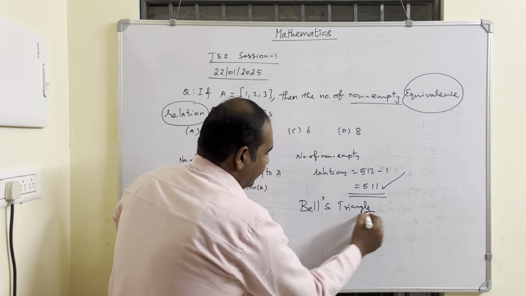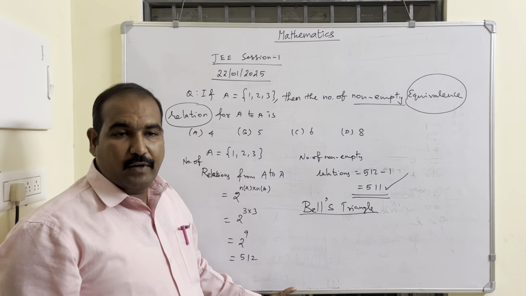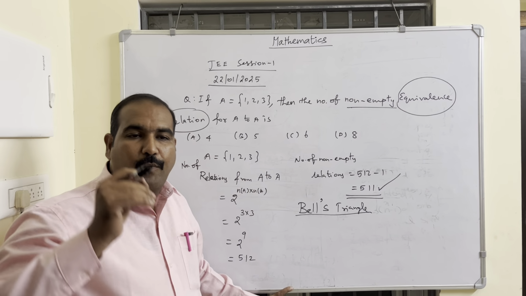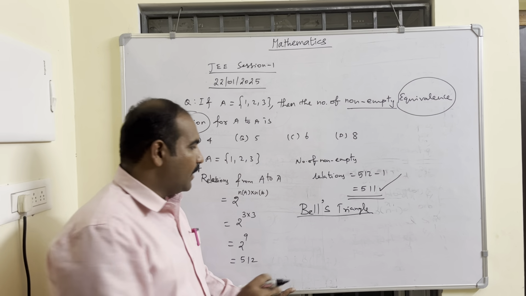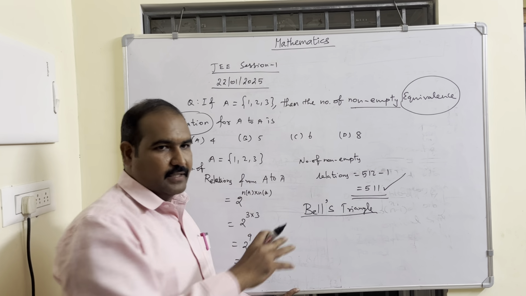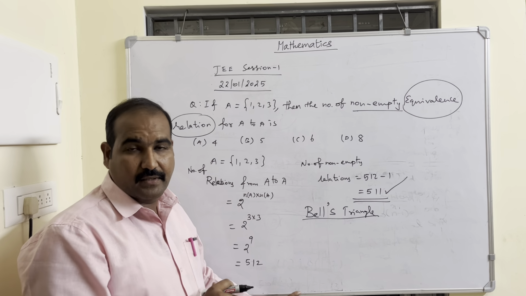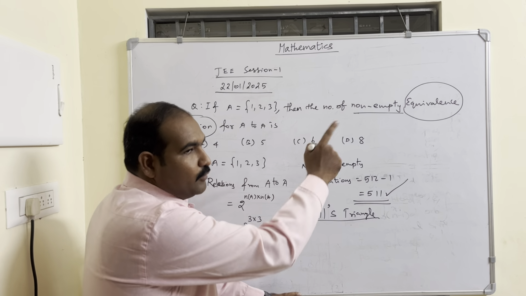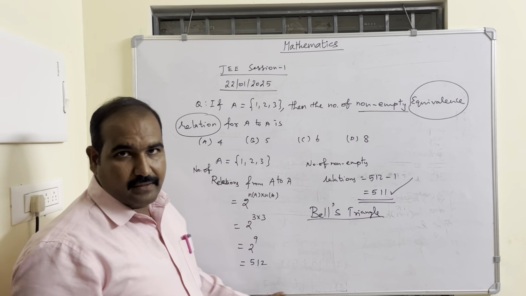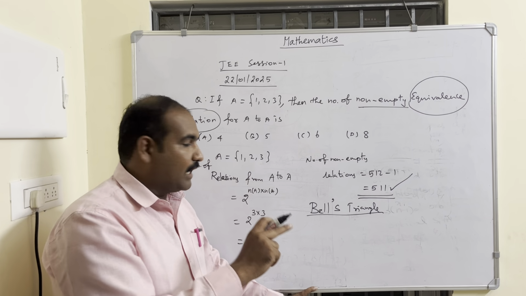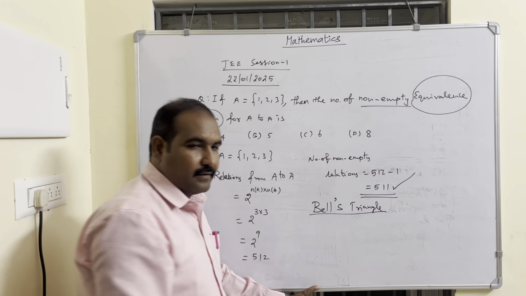What is Bell's triangle? Bell's triangle will give the number of partitions in the given set. That partition will give the equivalence relation, and it can be calculated using Bell's triangle.